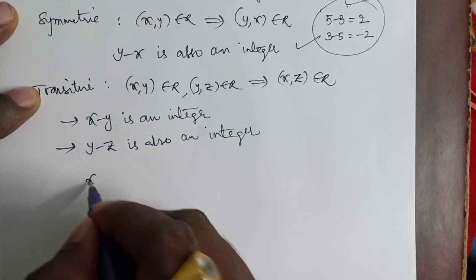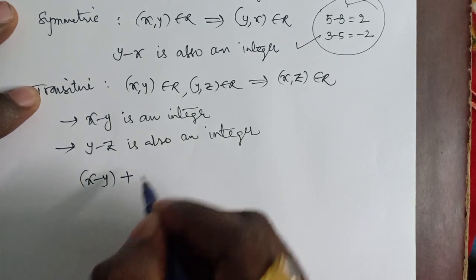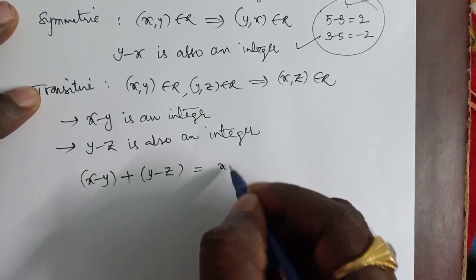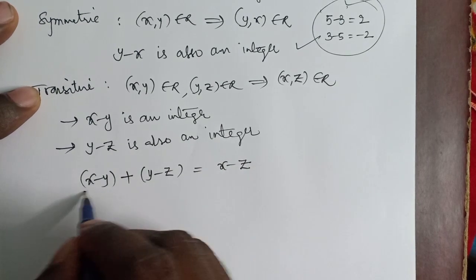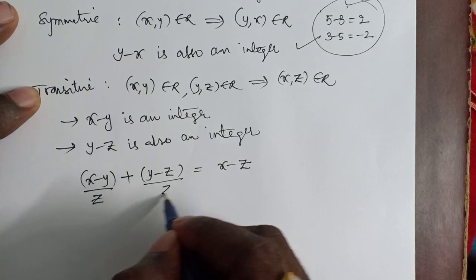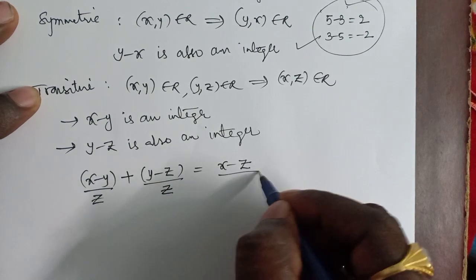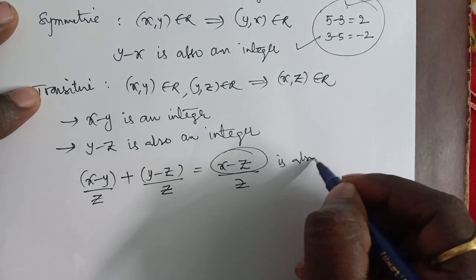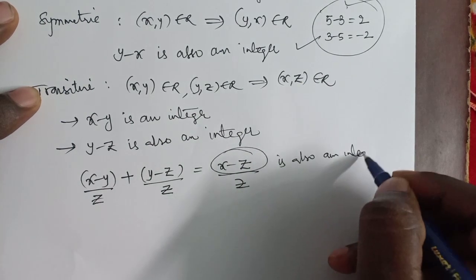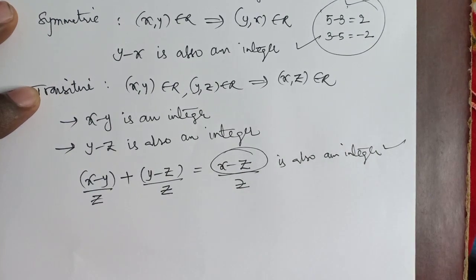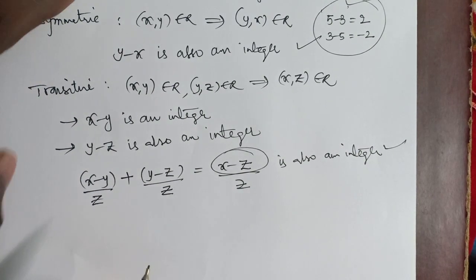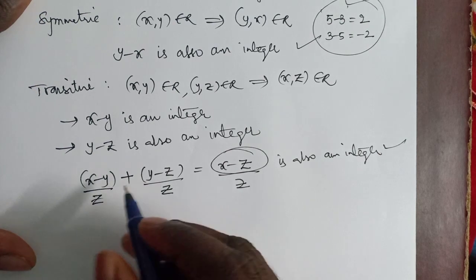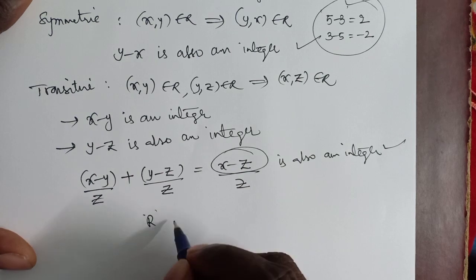Now add these two: x minus y is an integer, plus y minus z is an integer. What we get? x minus z. Integer plus integer, what we get? Integer. So clearly x minus z is also an integer. So it satisfies transitive also. So it satisfies reflexive, symmetric and transitive. So our given relation is equivalence.